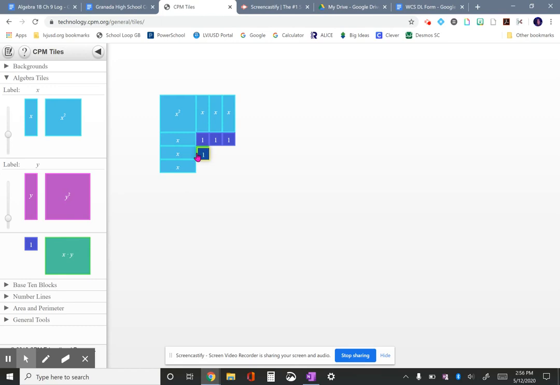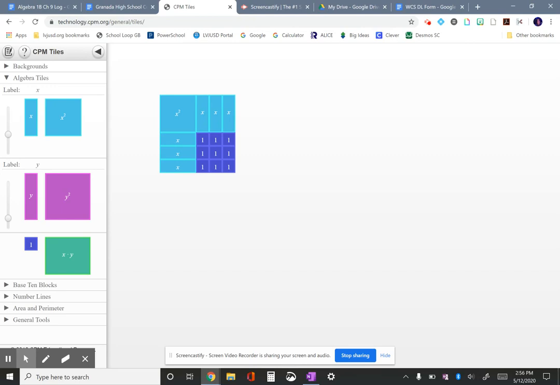And I'm going to keep filling this in until I get a square. So I'm almost there. There's 8. And there's 9. So in order to make this a square, I had to add 9 unit squares to make it a square, creating what we call a perfect square.